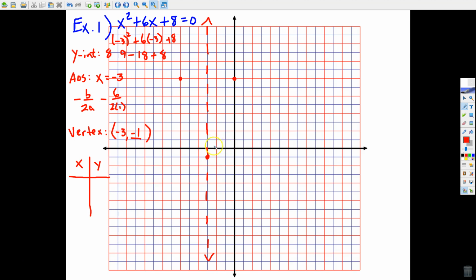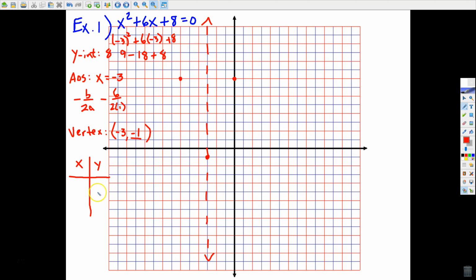So I'm going to do 2 inputs. Typically we say 5 points is enough, but in this particular case I want to do a pretty exact graph because I want to know exactly where I cross the x-axis, because that's going to represent the solution to this equation using the graphing method.